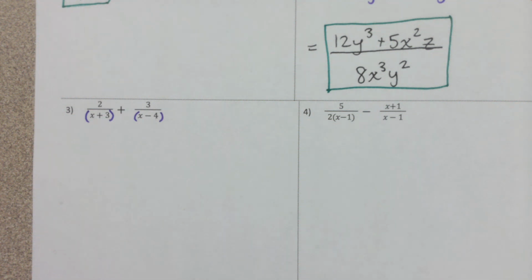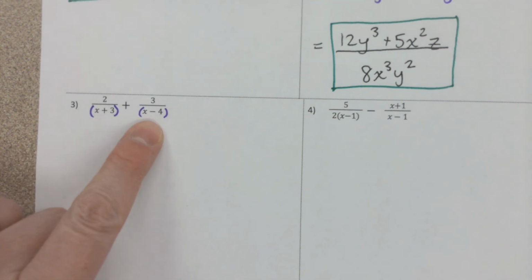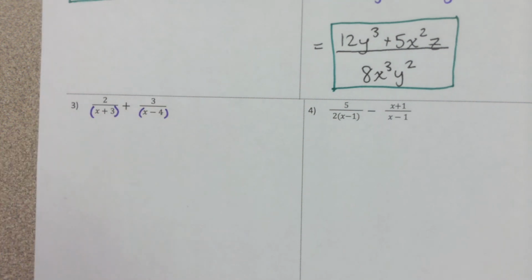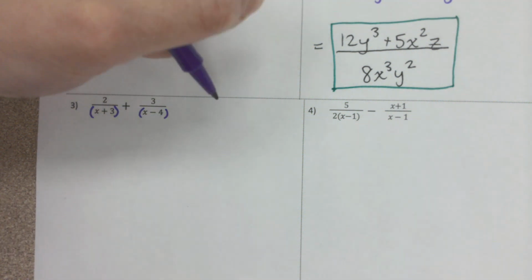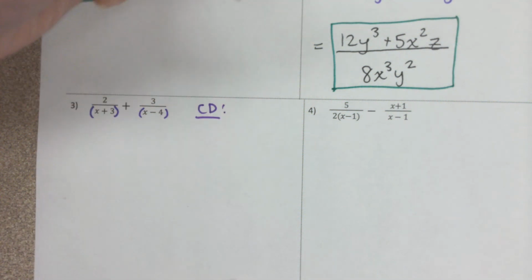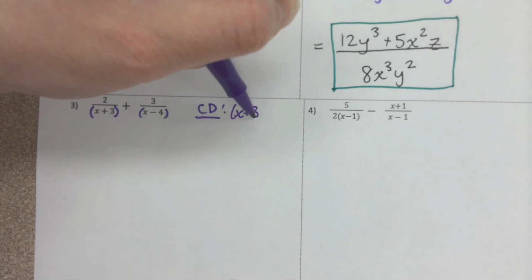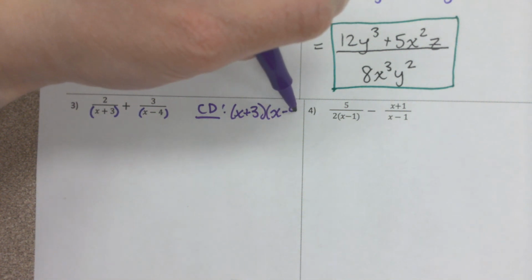There is no way I can turn this 3 into a 4 or this 4 into a 3. It's not possible. The only thing I can do to get a common denominator is to put both of them in the denominator. Use both parts. So, my common denominator is x plus 3, x minus 4.